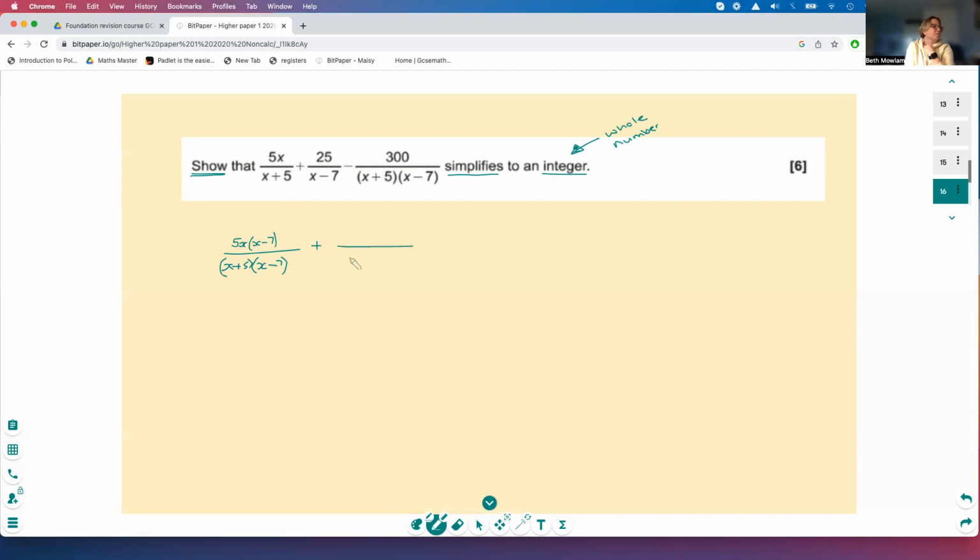Second fraction, I am multiplying by x plus 5. So I need to times the top by x plus 5. The last fraction already has the denominator I want.